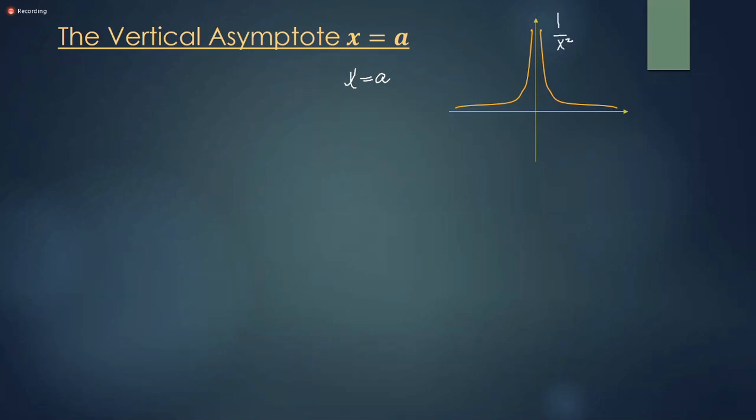We had the horizontal asymptote, but we can also see very clearly there's the vertical asymptote. x equals 0 is a vertical asymptote. So when does that happen? Evidently, when the function is not defined at x, this is when it happens.